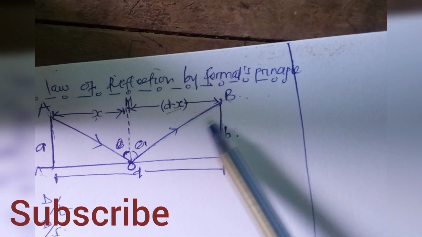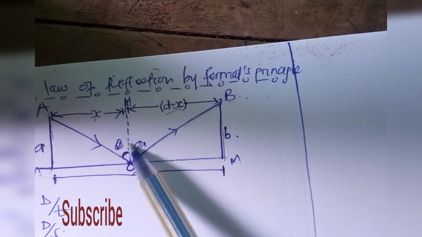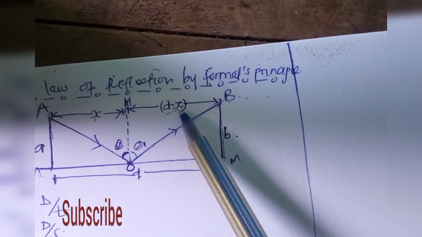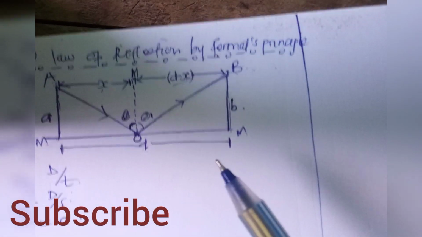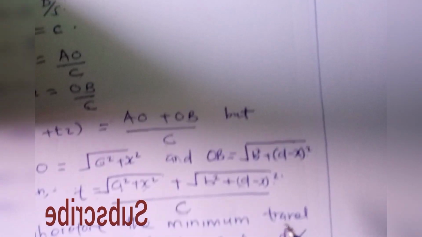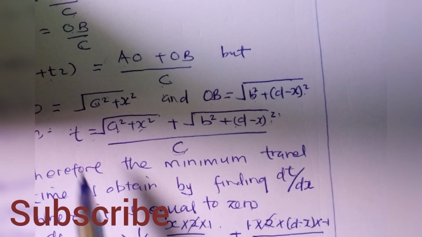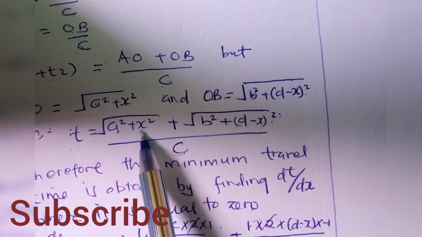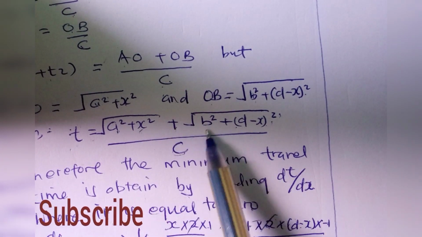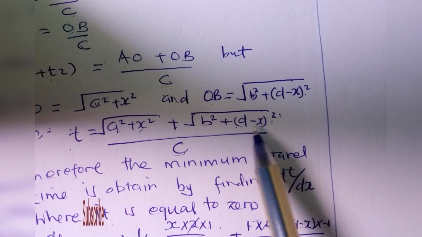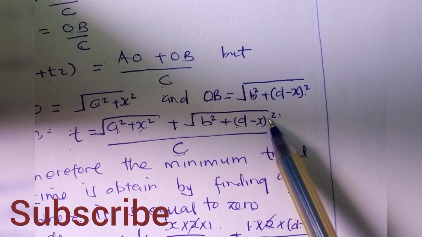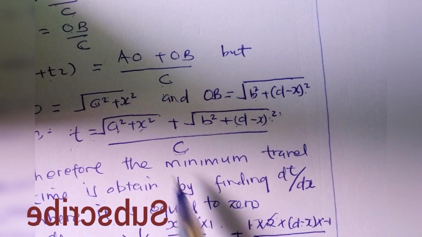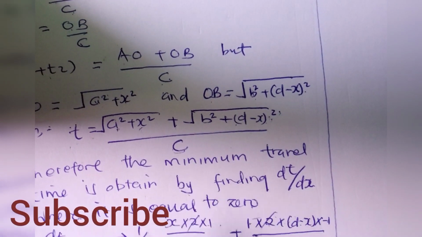To find OB, it means the square root of B squared plus D minus X squared. So it is right like that. From that point, we continue. So our T will be the square root of A squared plus X squared plus the square root of B squared plus D minus X squared, then over c.